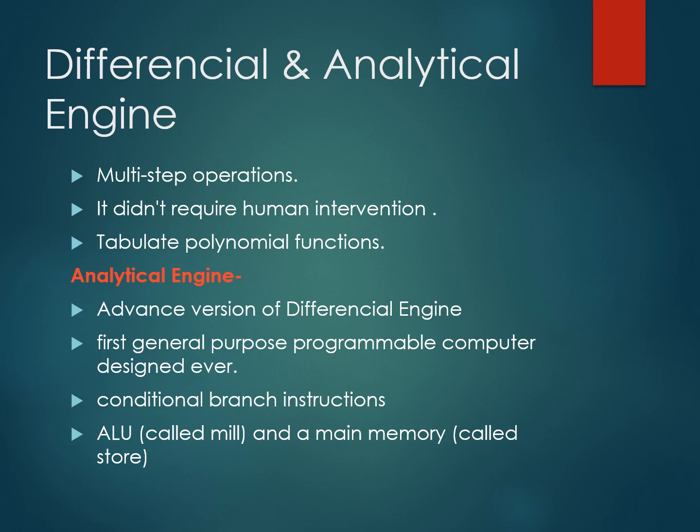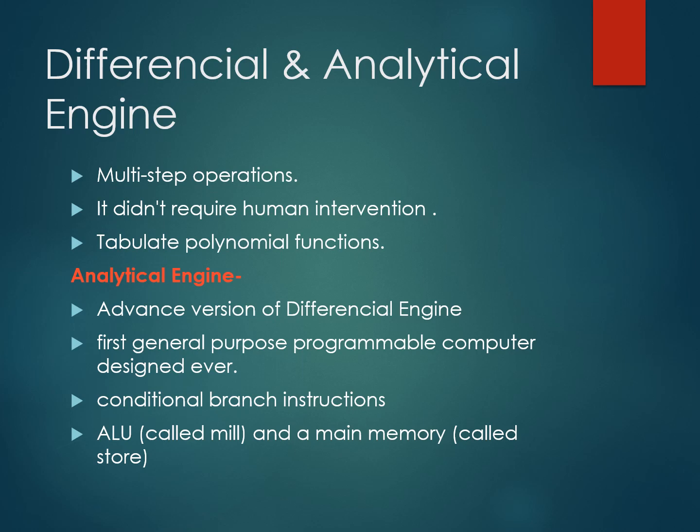In the year 1842, Charles Babbage developed another machine known as the Analytical Engine, which was capable of performing addition, subtraction, multiplication, and division. Moreover, the machine gave fast solutions to different types of mathematical problems.